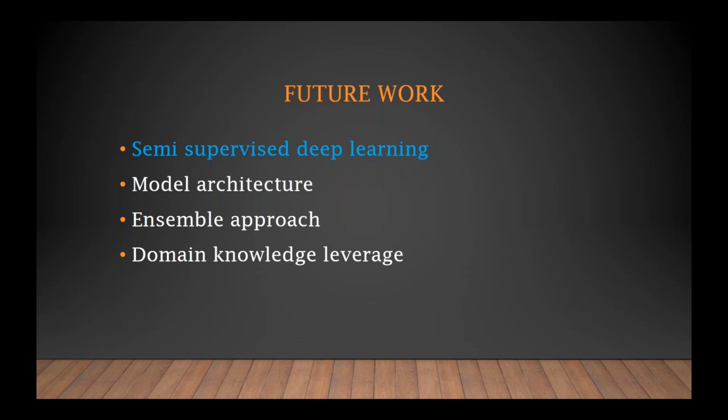Why is semi-supervised learning a very good use case here? Because we have 18,000 test images, a great amount of information that we had no way to incorporate in the model fitting.